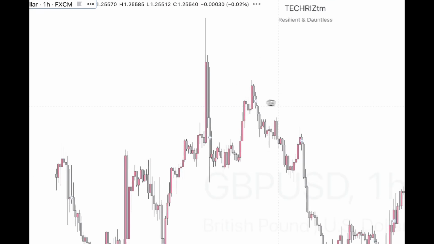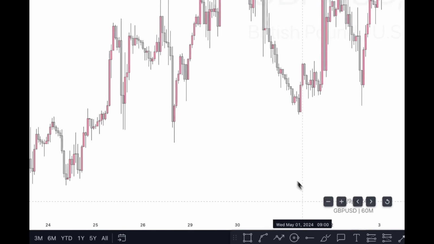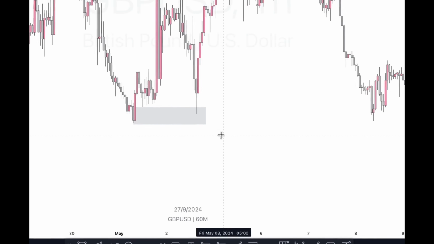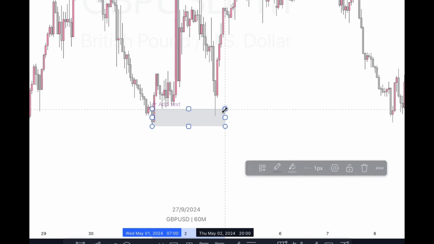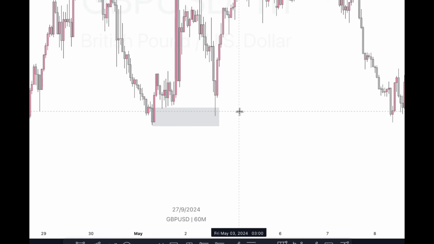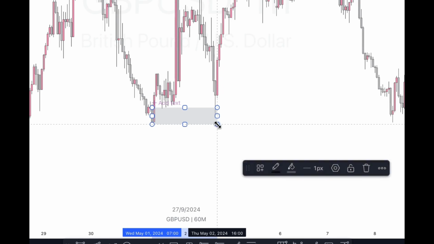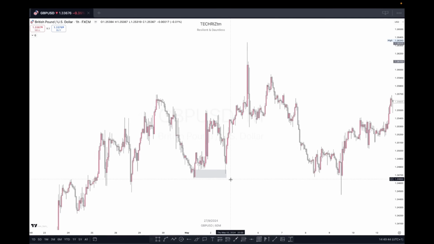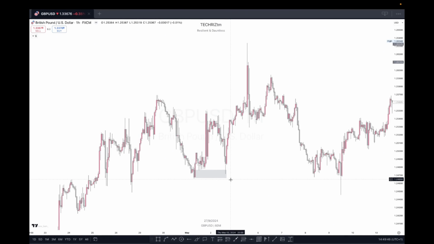They're everywhere. See this one as well. This particular low was not mitigated. That's why price triggered it. If a mitigation is going to occur, or how do they even put it? Price must mitigate up to the 50% mark for a proper mitigation to be said to have occurred, right?